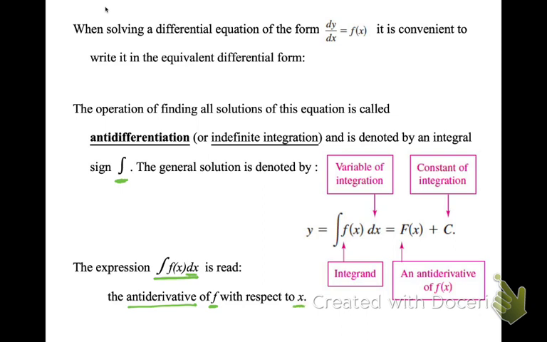That dx still means with respect to. Now I'm going to say, you guys will hardly ever say the antiderivative. You're going to say the integral of whatever.